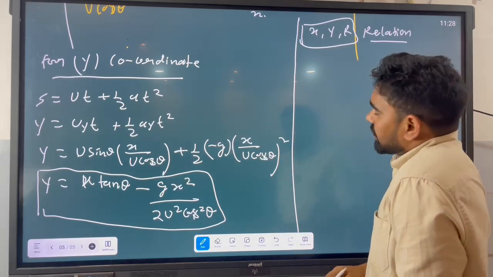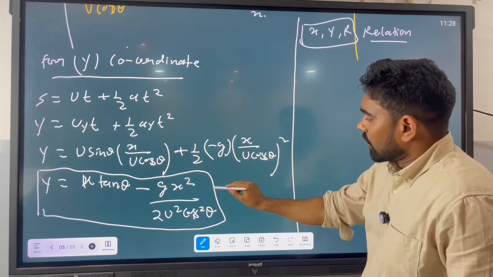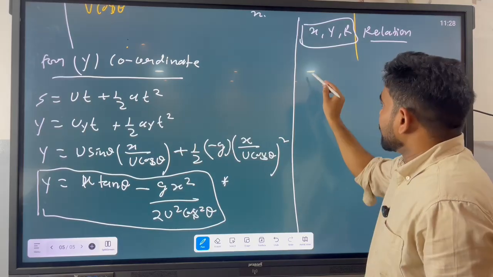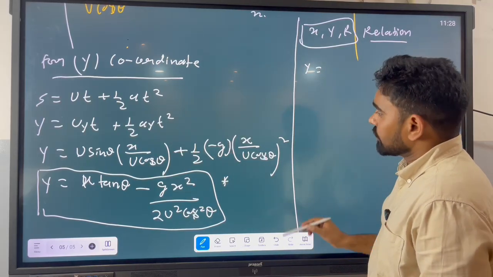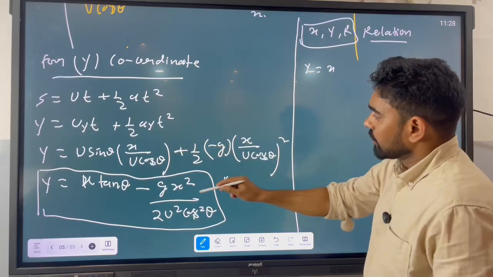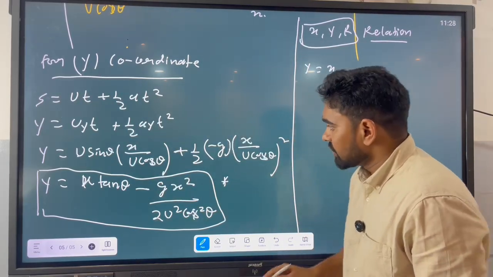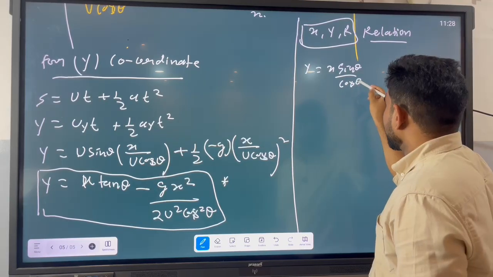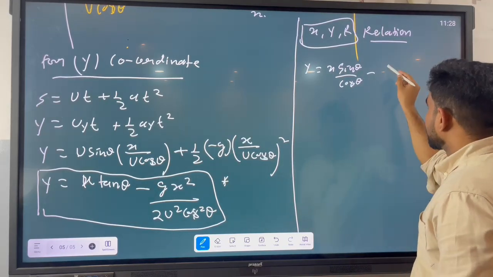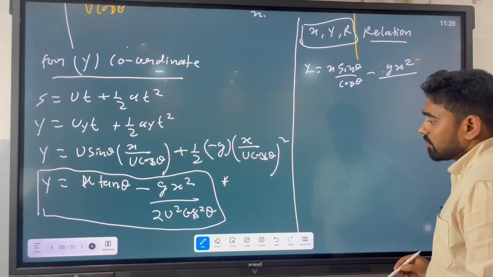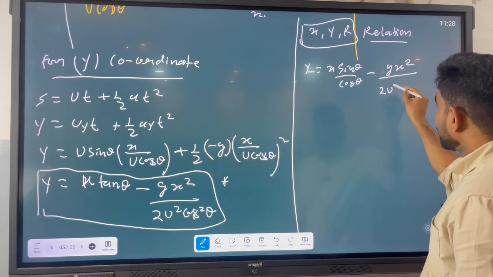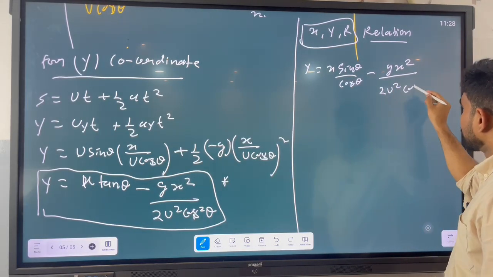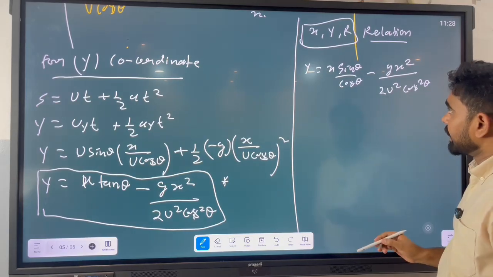Using some concepts from these equations, y equals x sin theta divided by cos theta minus g x square divided by 2u square cos square theta.